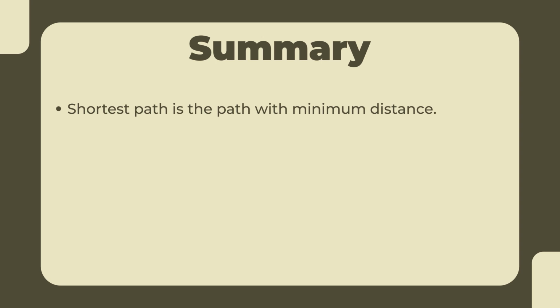So let us try to summarize what we have discussed in this session. The shortest path is the path with the minimum distance from one node, and Dijkstra's algorithm works from one single source to all other nodes.